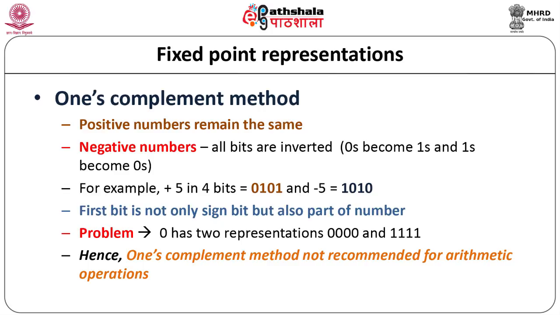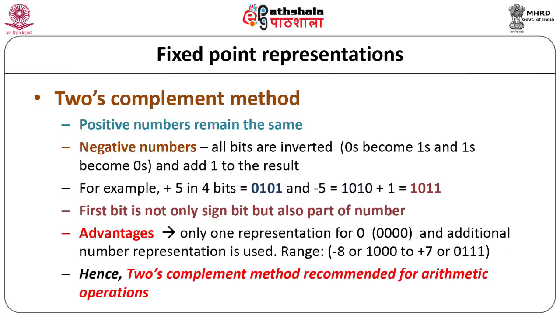It is interesting to note that the first bit represents not only the sign bit, but is also a part of the number. There is a problem in the ones complement technique. In this case, 0 has 2 representations, 0000 and 1111. Hence, the ones complement method is not recommended for arithmetic operations.